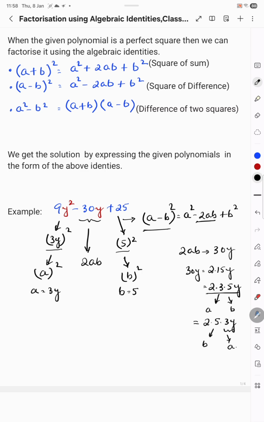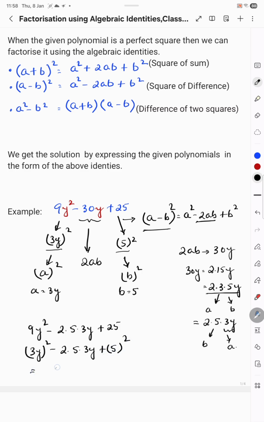So now we can arrange this polynomial as 9y square minus 2 into 5 into 3y plus 25. So this becomes (3y) whole square minus 2 into 5 into 3y plus 5 square.